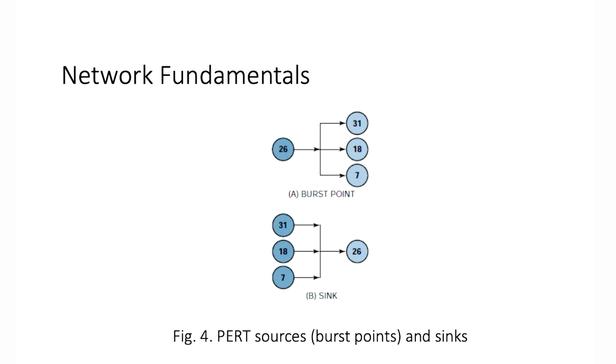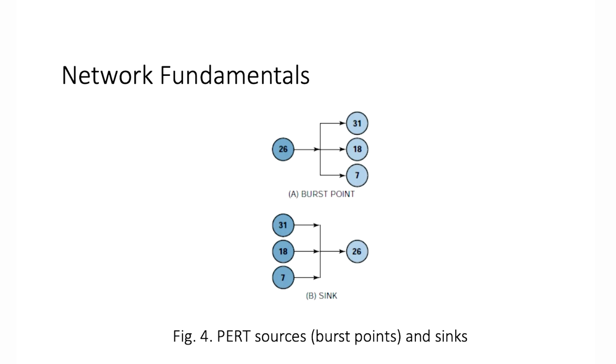When you are working on your networks, you might have burst points or sync points. The burst point is, in this case, on the top, activity number 26. After completing this activity, you can work on 3 other activities.